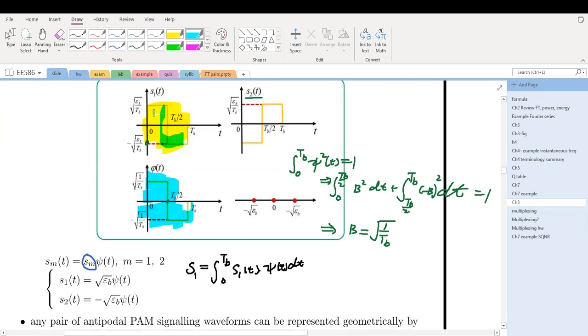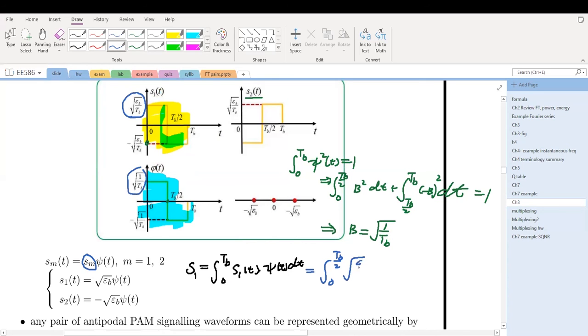You multiply together, that's another rectangular. So when we do the integral, the magnitude of the rectangular, that's half TB, because this magnitude is multiplied by this magnitude.